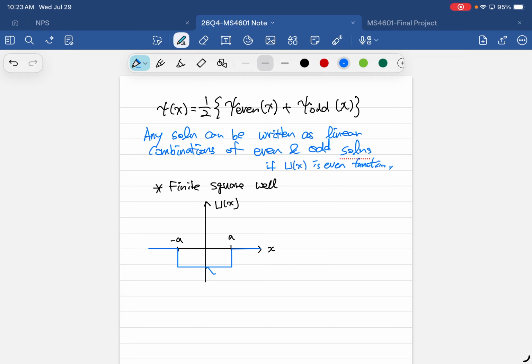Okay, this is the problem statement. So our potential constraint is given like that. Think about the bucket here. The bucket shape or height is now finite, because the bucket height in this case is, this is the 0 point, and this is negative U naught. So the bucket height is only U naught.